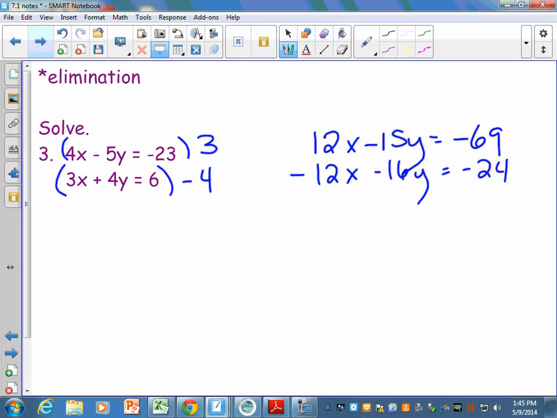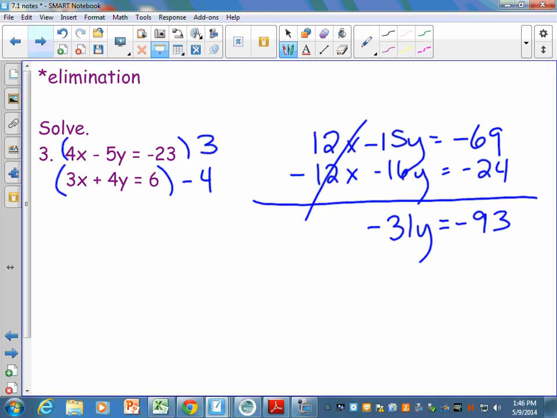You know, again, as long as you're doing the algebra correctly, there's lots of ways to do this. But when I taught Algebra 2 and even Algebra 1, I always recommended doing this because now I can just go through and look at the signs and not have to think about subtracting because these are going to cancel out. -15 and -16, -31y, and -69 and -24 is -93.